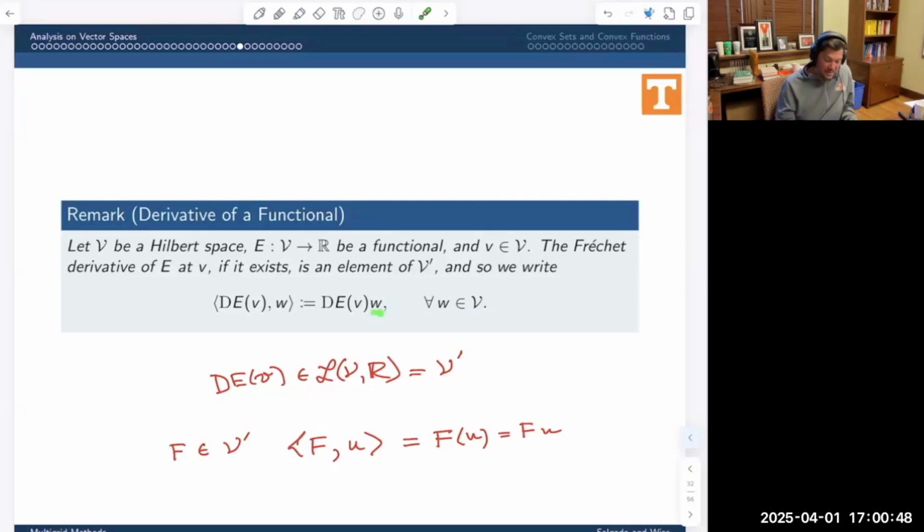You could put an extra set of parentheses, but it starts getting messy, so we're just going to drop that second set. The understanding is that this is the functional, and it's acting on that to produce a real number. Okay, so just keep that in mind.